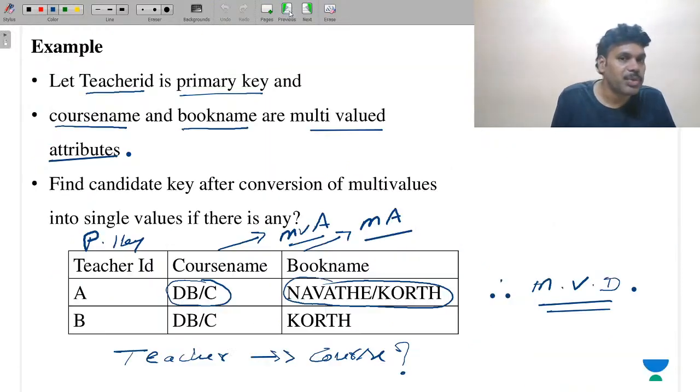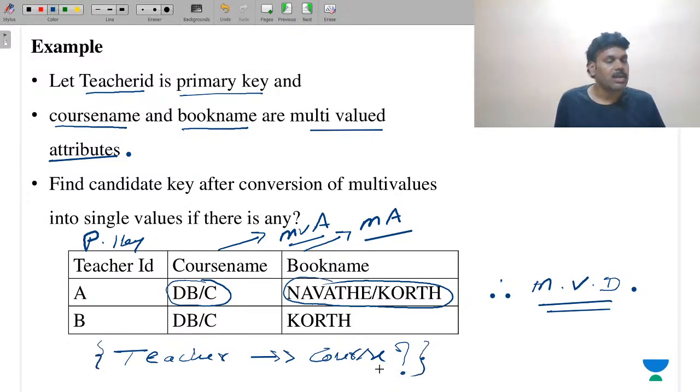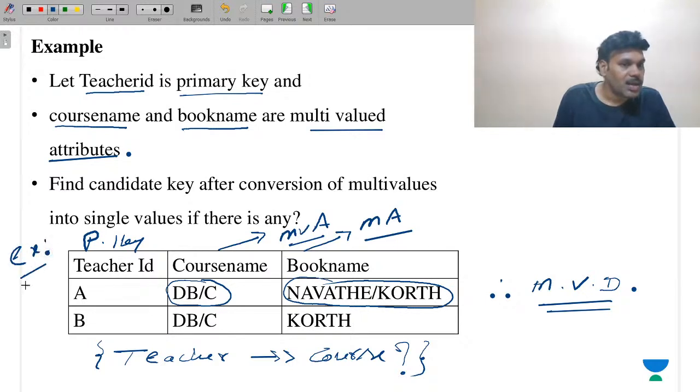Then you can come to know that there is a multi-value dependency between teacher and course. So let us form the data now. Using this example, we are trying to form a multi-valued relation table like this.